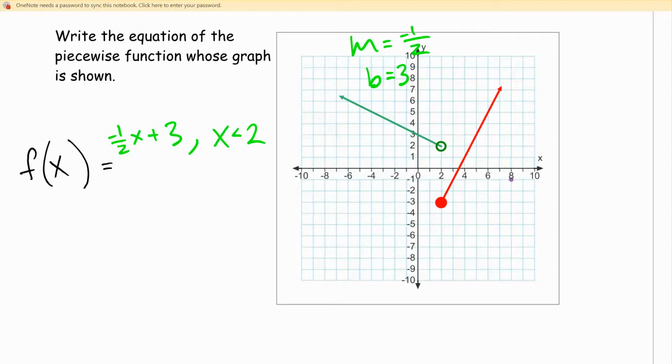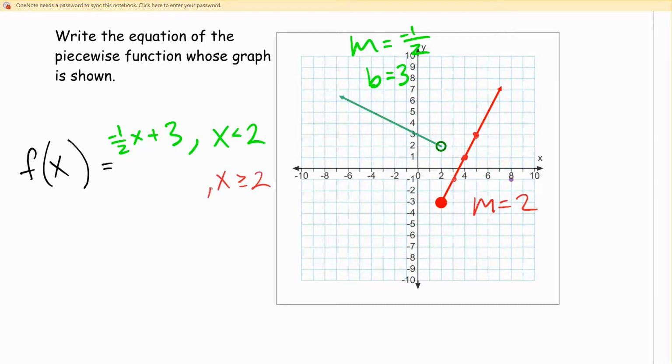Our red equation is a little bit harder to tell. We can see our slope right off the bat. Here's a point here, and another point there, and another point here, so we're going up 2 over 1, so our slope is 2. But it's harder to tell what our y-intercept is. We see a closed circle at 2, and we're moving to the right, so our constraint is greater than or equal to 2.